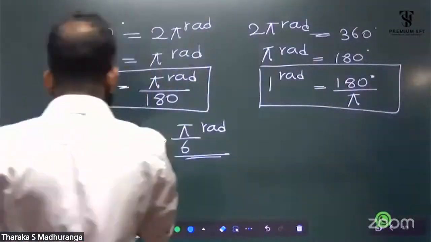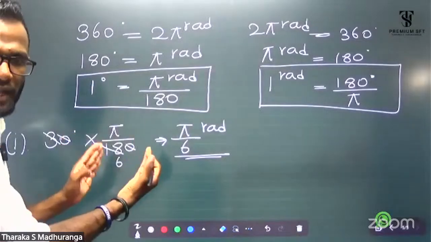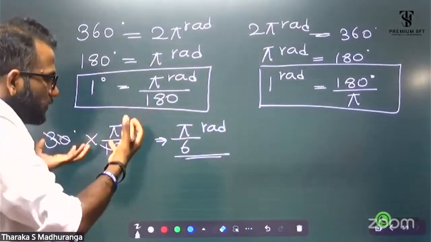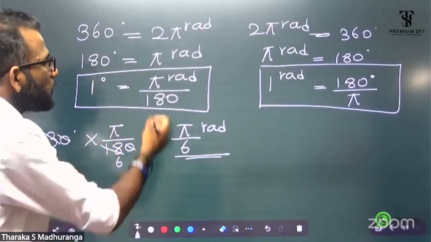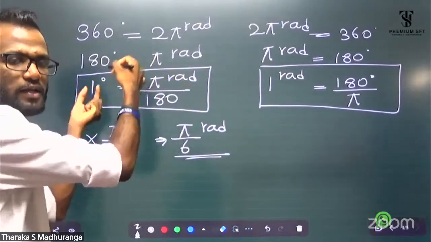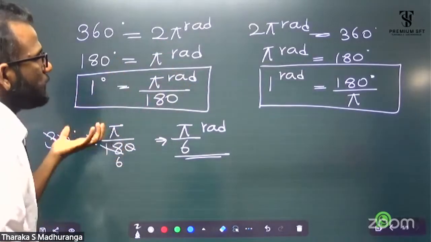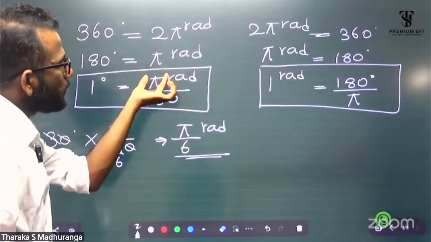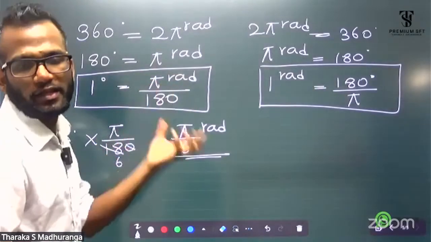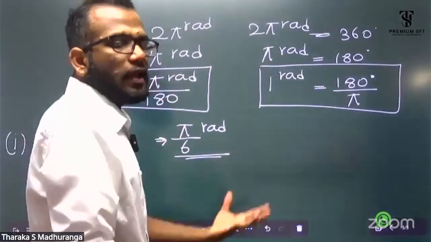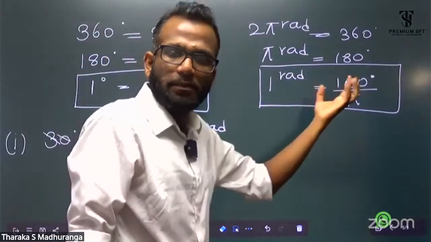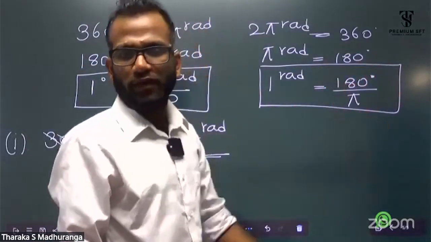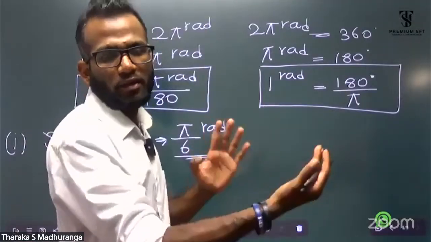Any degree value you can convert into radian. What do you need to do? Degree value multiplied by π over 180, because 1 degree equals π over 180. Any radian value, if you multiply with 180 over π, then you get the opposite one.